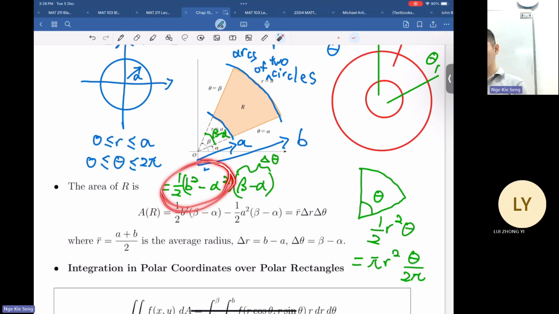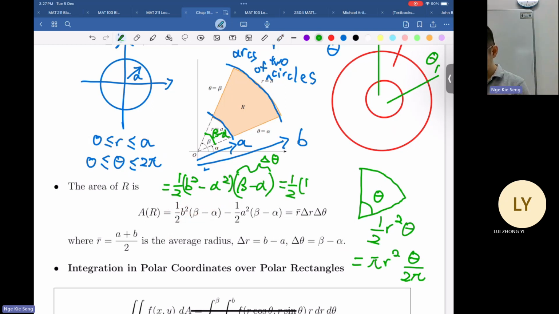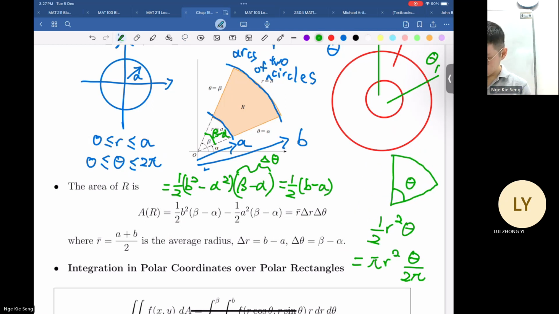And then how about this number here, b squared minus a squared? It is a difference of two squares. So what we do is split this into two terms: b minus a, and b plus a, over delta theta.